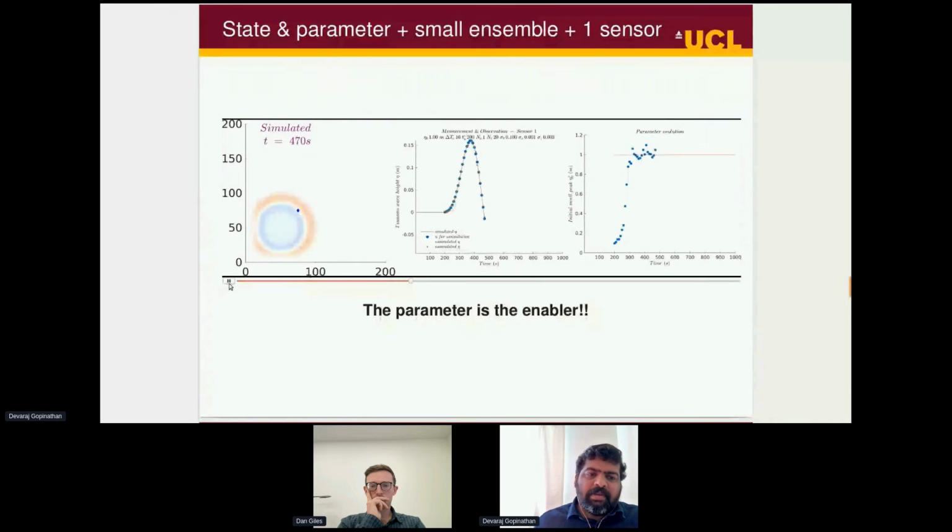So the motivation was to somehow increase the efficiency of the particle DA. And this was one way we could find, especially for a tsunami model, we have a parameter. For models which don't have a parameter, it's difficult. But most of the models, PDEs, have coefficients which are unknown.